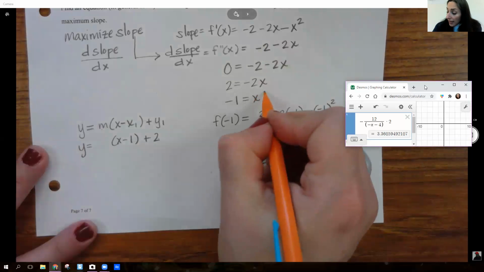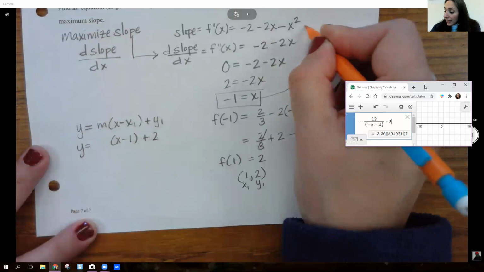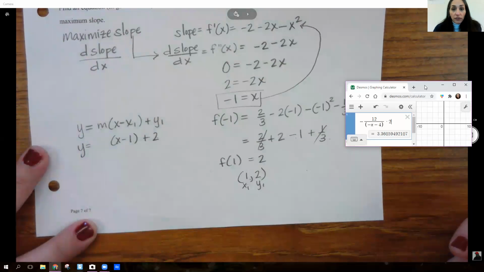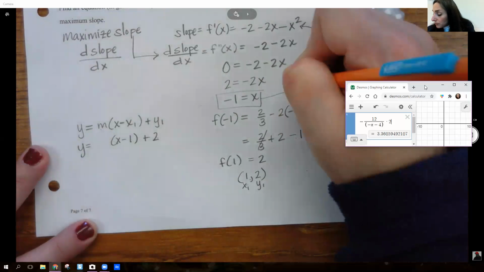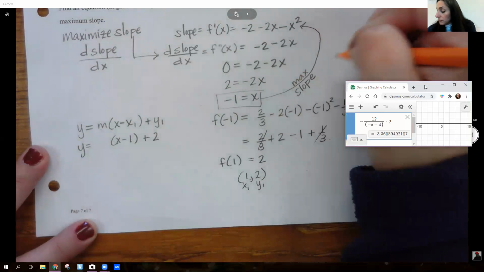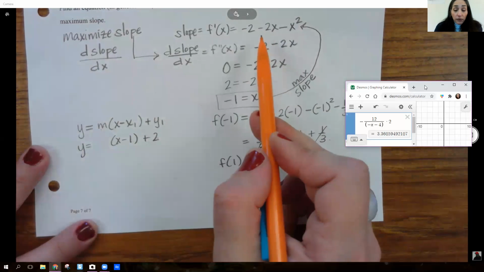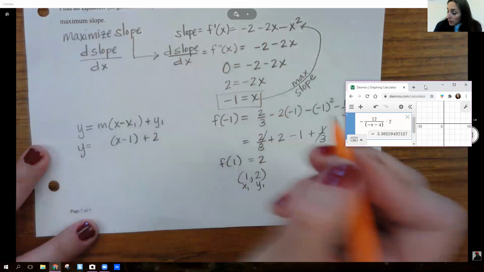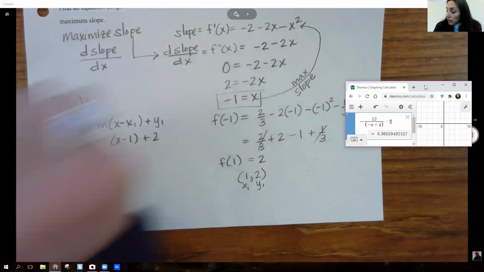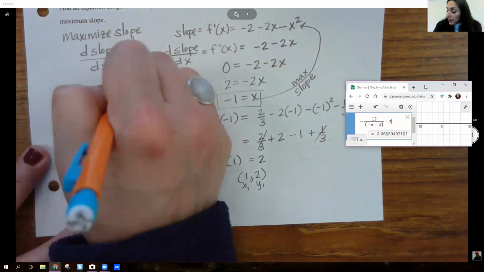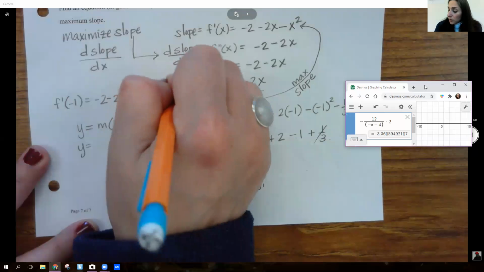So you take the x equals -1 and you plug it back into your first derivative. And that's going to crank out a slope for you. So f prime of -1 is -2 minus 2 times -1 minus -1 squared.